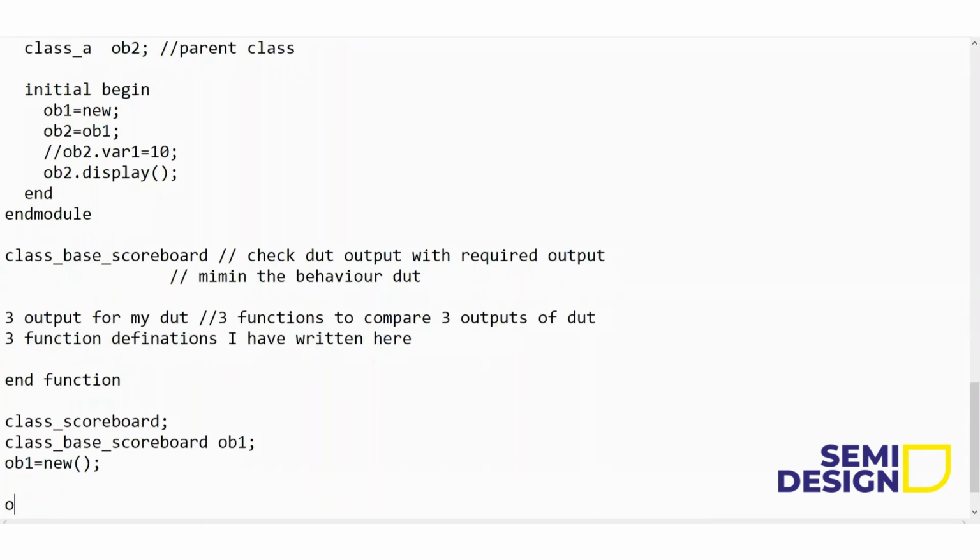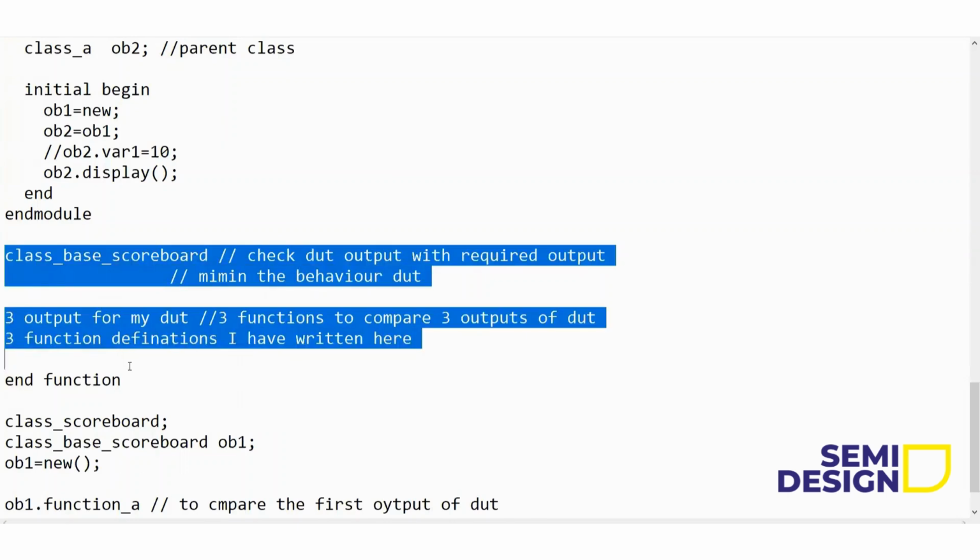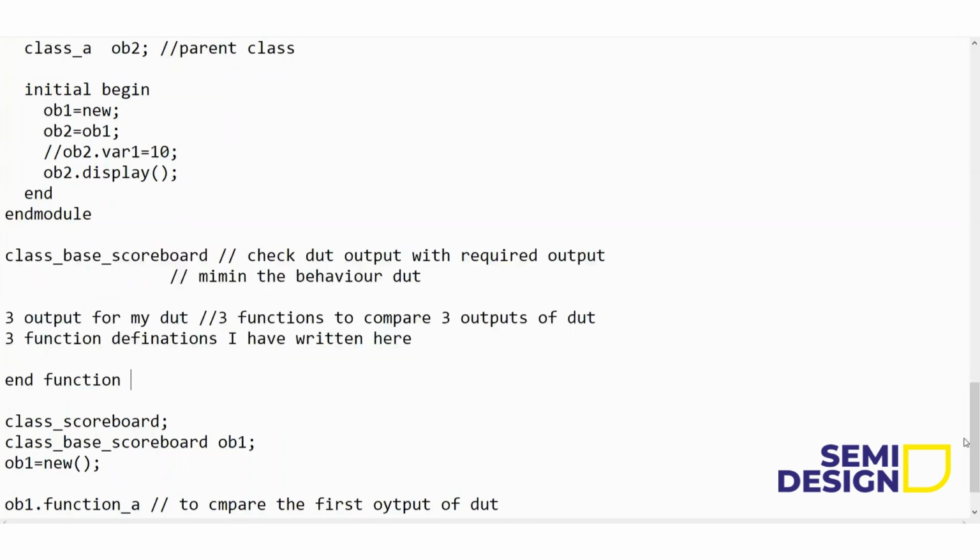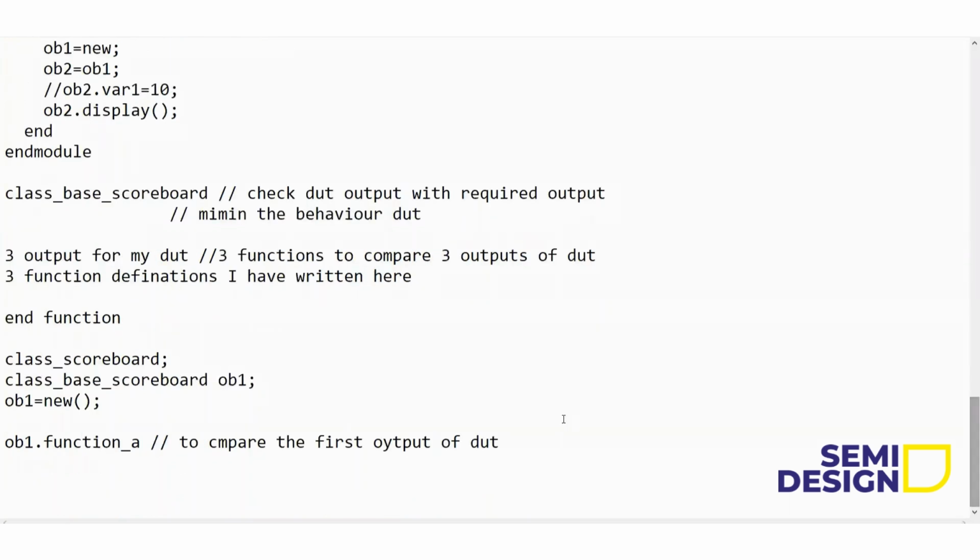Then I will use object 1 dot function 1 to compare the first output of the DUT, using this class object, right? Up to this, understood?